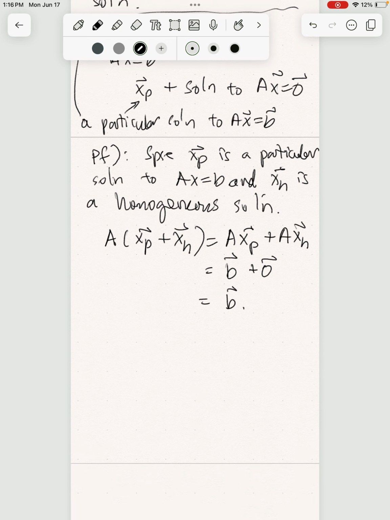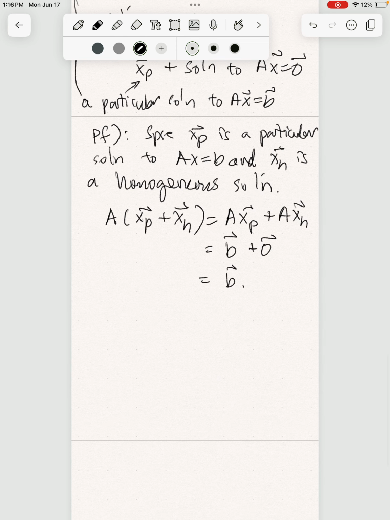So whenever you have a vector of this form, xp plus xh, this is a solution to Ax equals b. That's just part of the theorem, right? We also have to prove the converse.